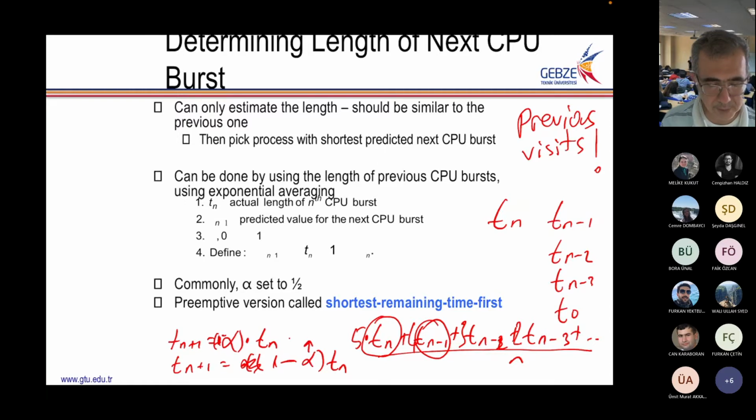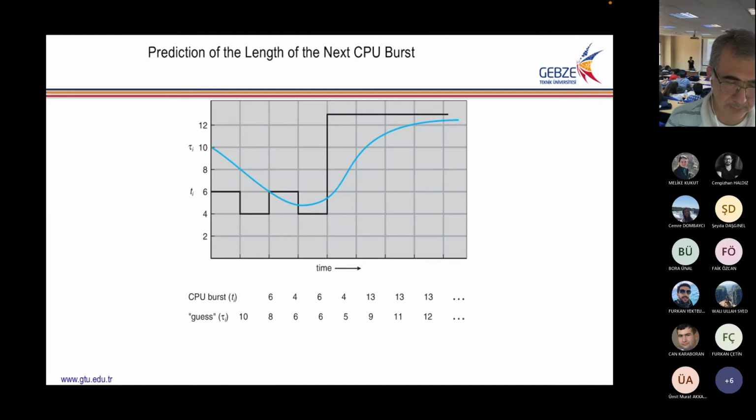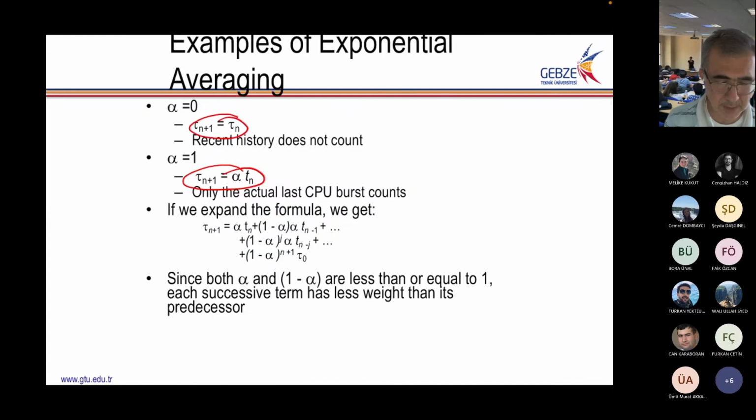If alpha value is 0, tau n plus 1 is actually tau n. If alpha is 1, tau n plus 1 is Tn.